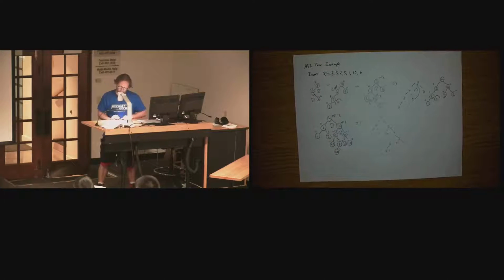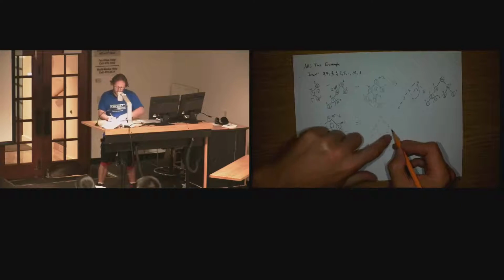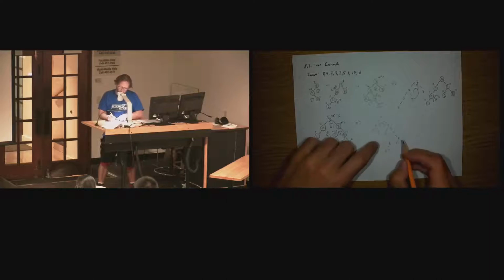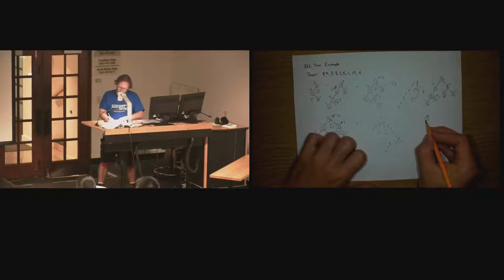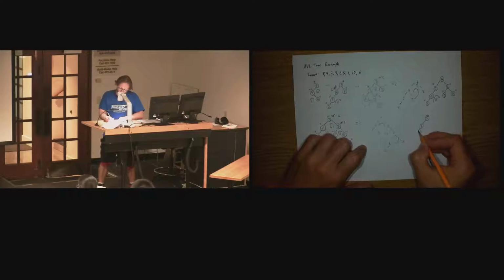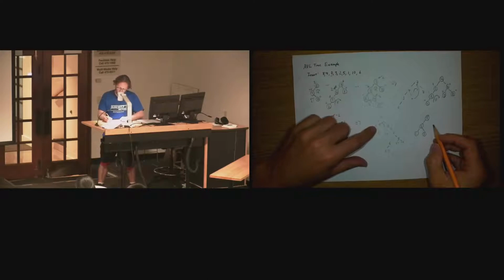Again, this gets temporarily orphaned because we pulled this up. Now we do a left rotation, and 5 becomes the new root. Now let's reorganize this tree here. When that happens, 2, 1, and 3 all get pulled down.